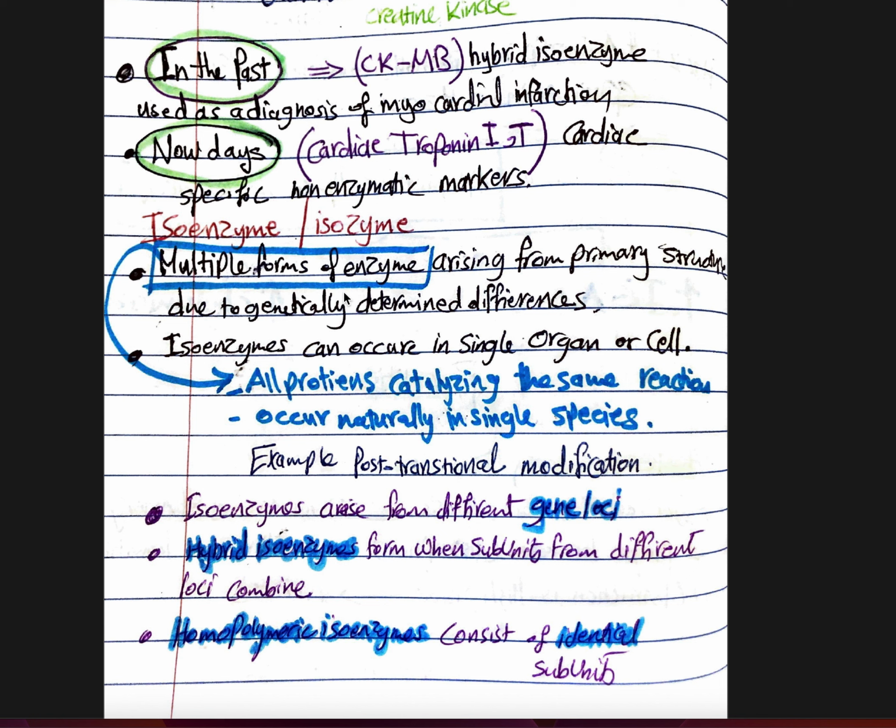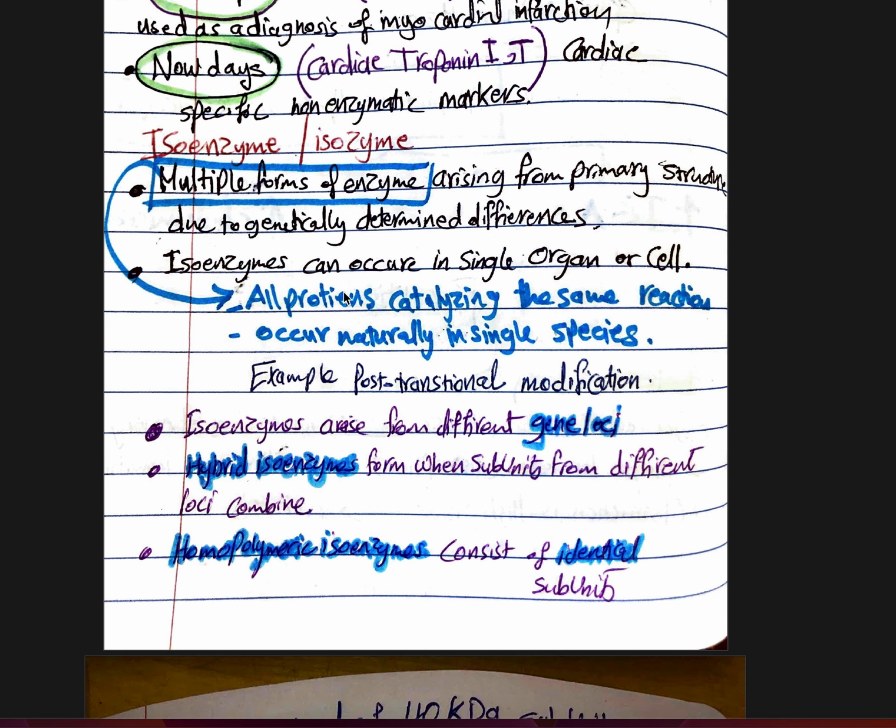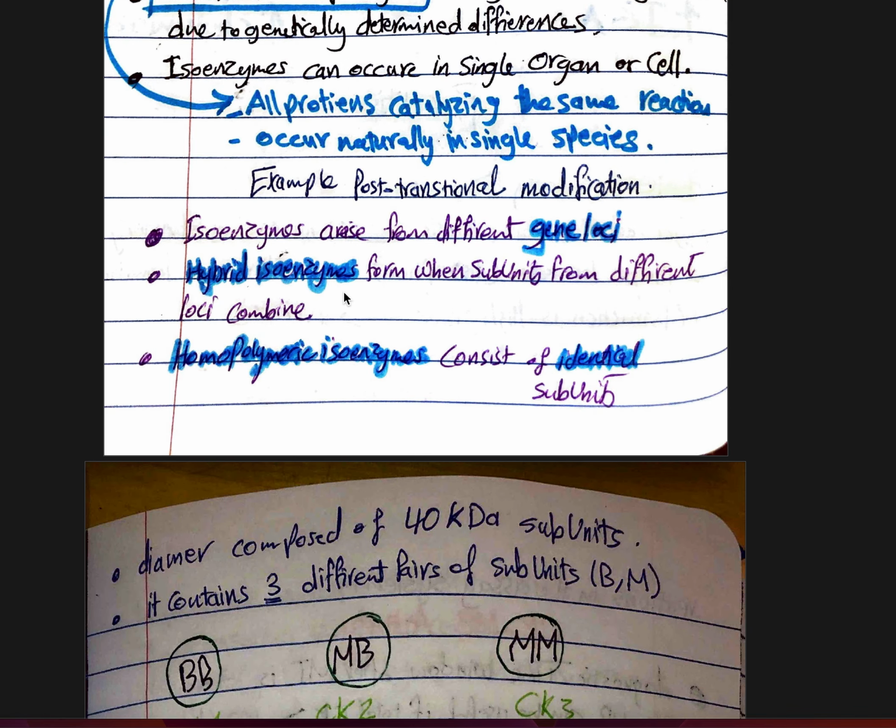Isoenzymes can occur in a single organ or cell. All these proteins catalyze the same reaction and occur naturally in a single species, for example through post-translational modifications.